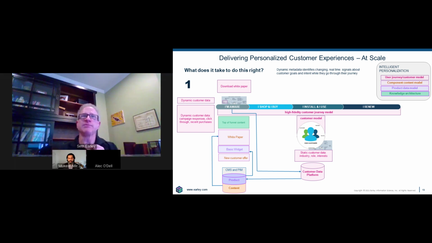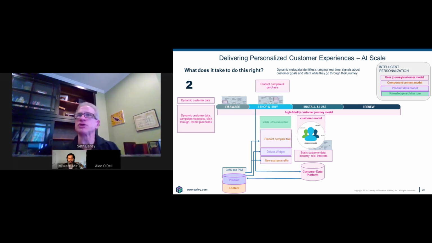This is what we recommend. Then we do something else. We're going to do a product comparison guide. Well, that is another piece of content, middle of the funnel content according to our knowledge architecture and our product specialists. The CDP is going to take that signal, make a recommendation, and inform the product information management system and the content management system to present other information.